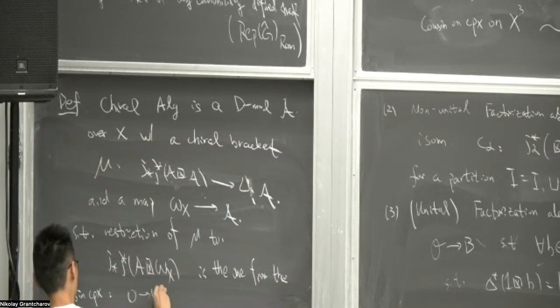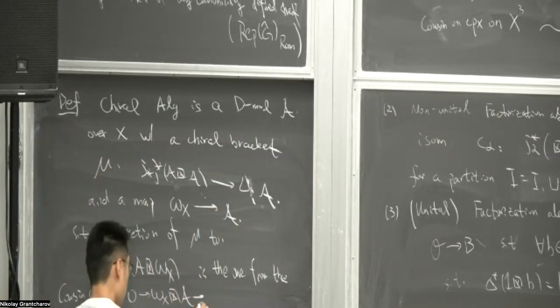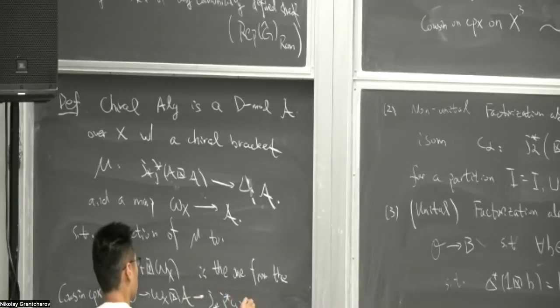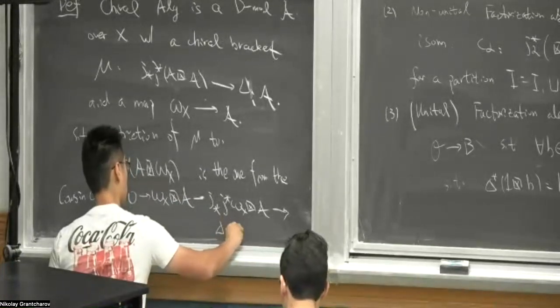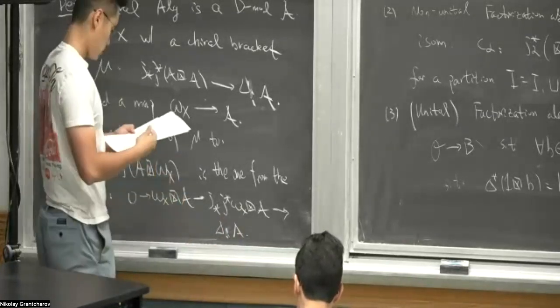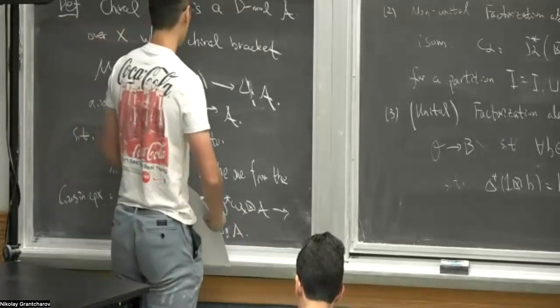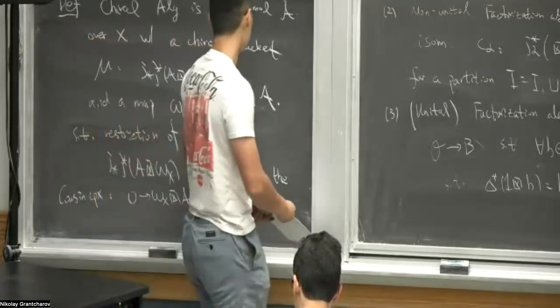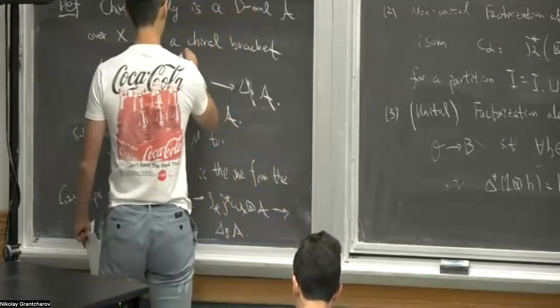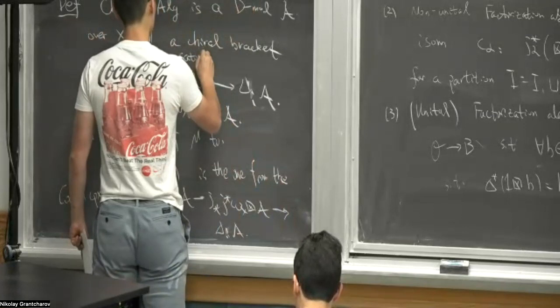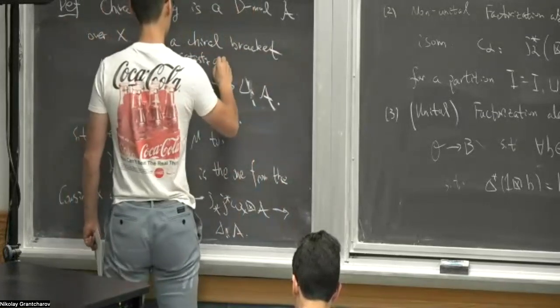The road goes to omega x box A. Okay, and well, I don't have space, but the chiral bracket satisfies the two properties we said, and the symmetry.